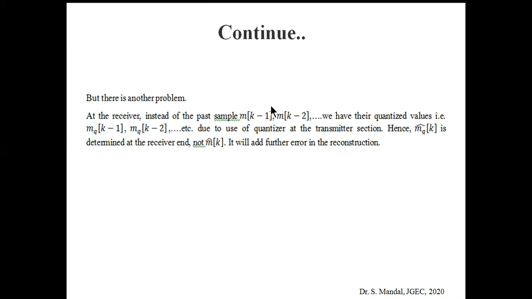So what is available to the linear predictor at the receiver section is mq k minus 1, mq k minus 2. So we can predict the quantized value of mk, not mk, not m cap k. Due to this, there will be some kind of noise in the receiver section.